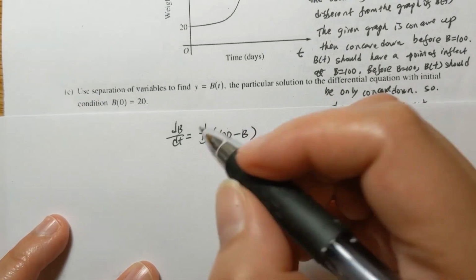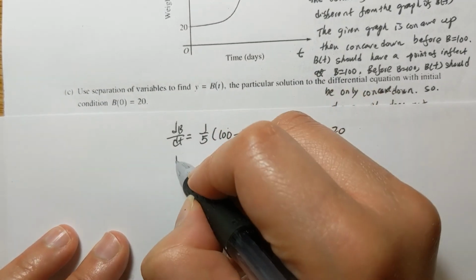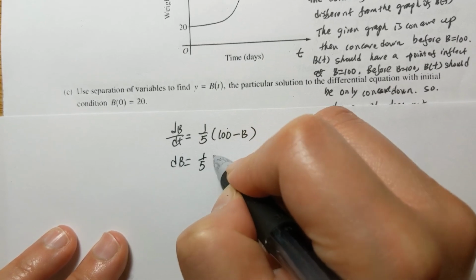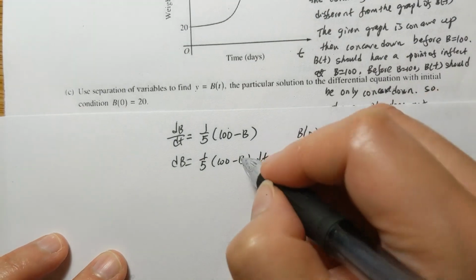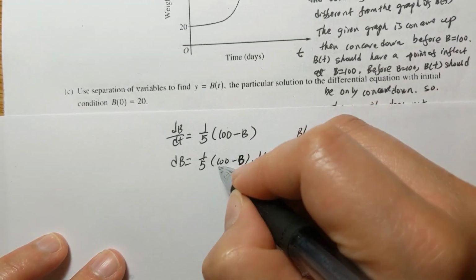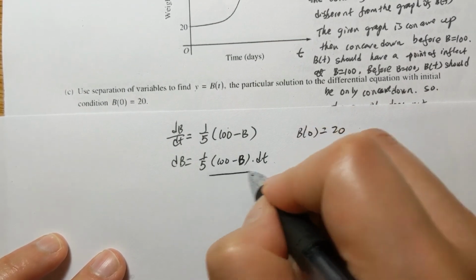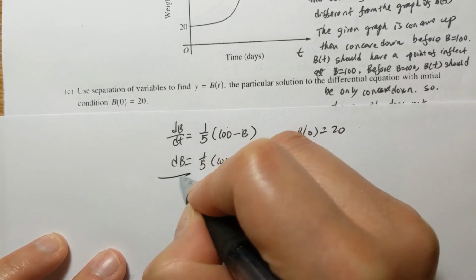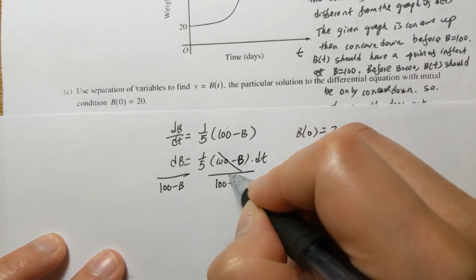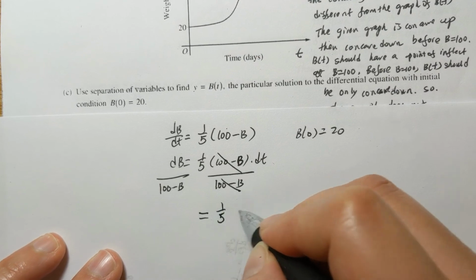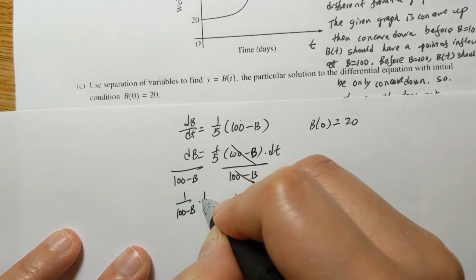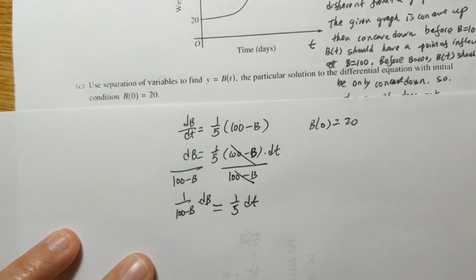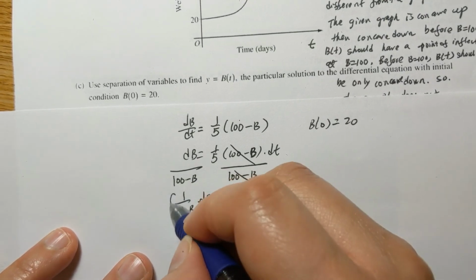Now we're going to multiply dt to the right side, and we do not want to have 100 minus B over here, so we divide. This will cancel, and we get 1/5 dt. I'm going to rewrite this over. Now we're going to integrate.